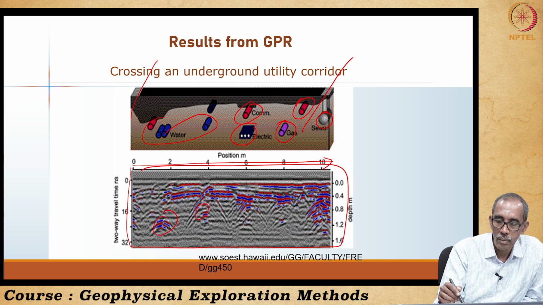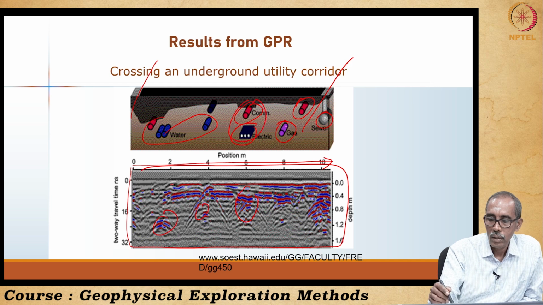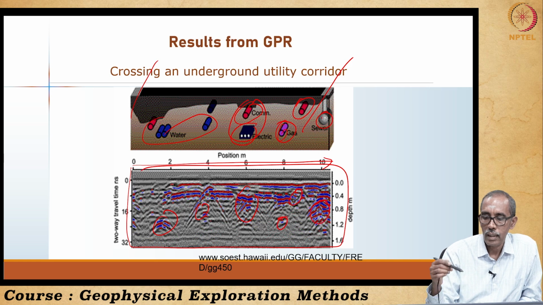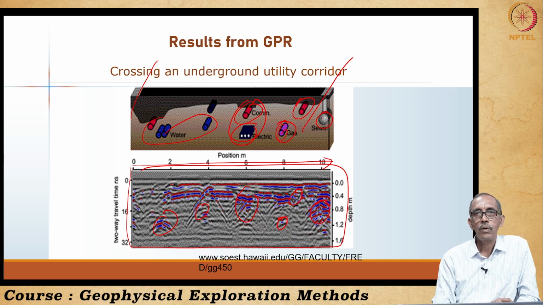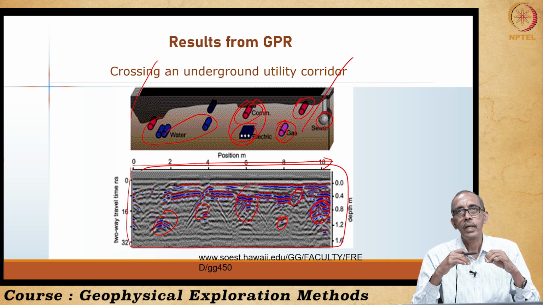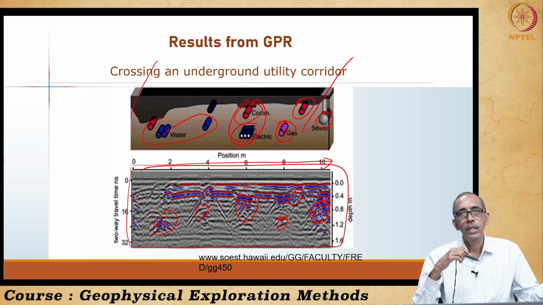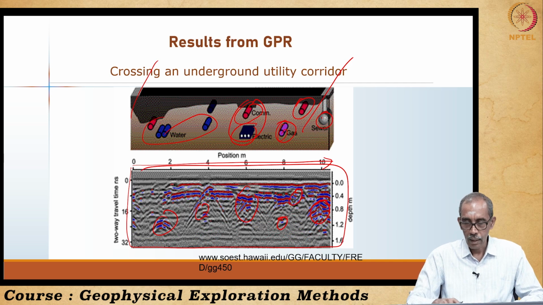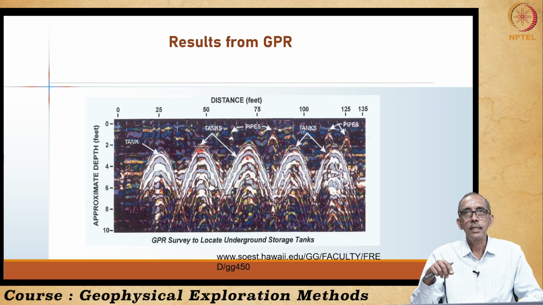This is here. Similarly, these are the electric as well as this cable. This is also indicated here, this one is indicated here, this sewer line is indicated here, right. So, this is how ground penetrating radar is very useful to locate the underground utilities, as you can see in this picture, right.